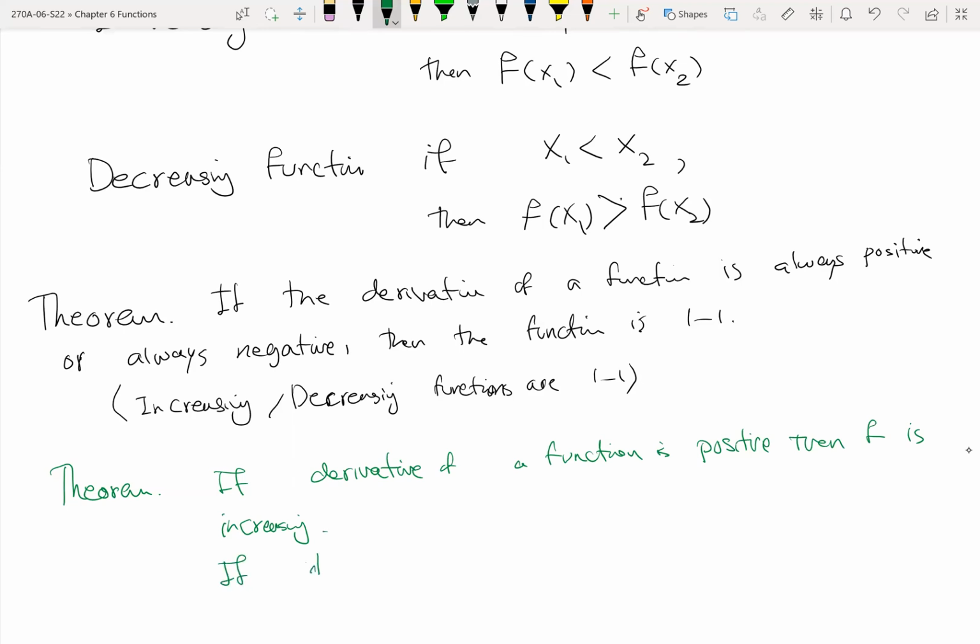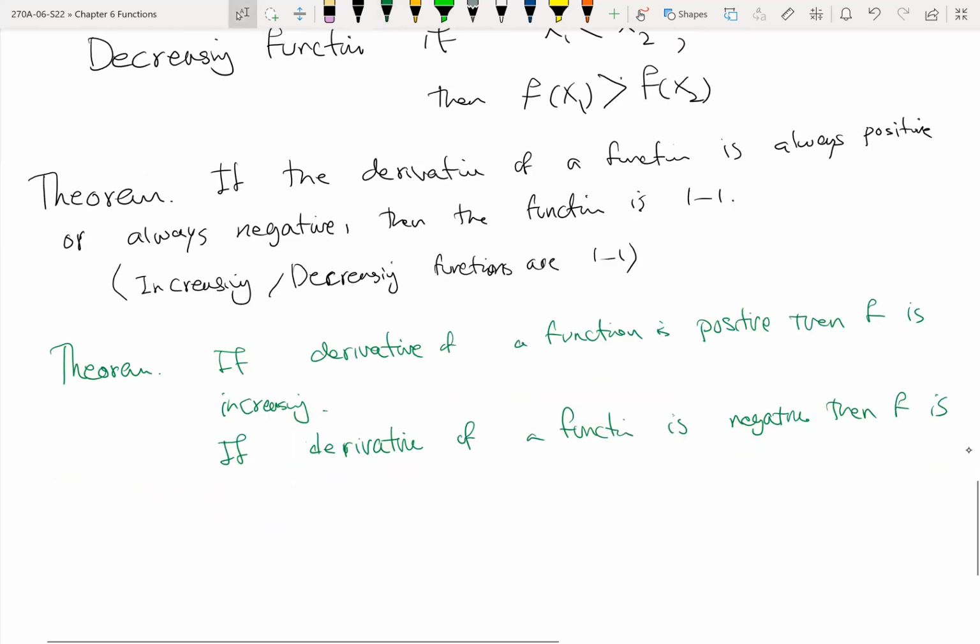If the derivative of a function is negative, then f is decreasing. And we know if the derivative of a function equals 0, we have a max and min, right? So that's just something that we have. You have to complete it.